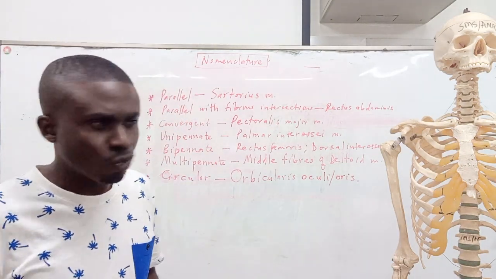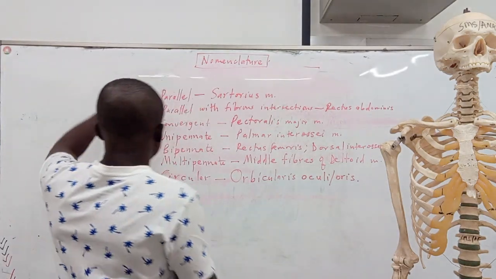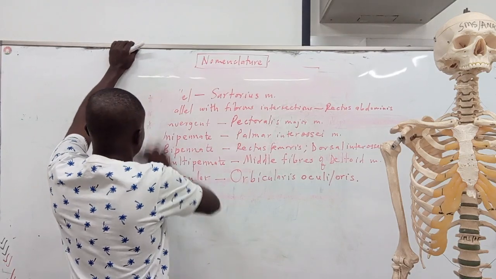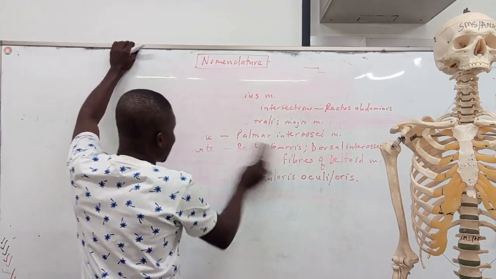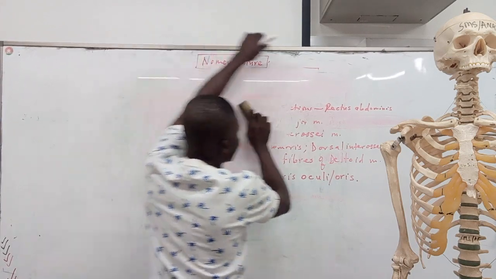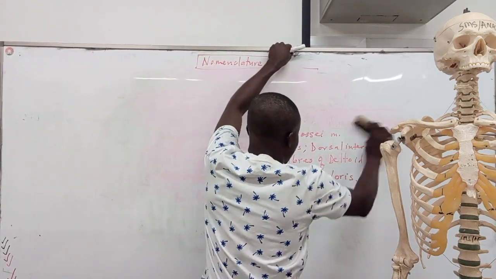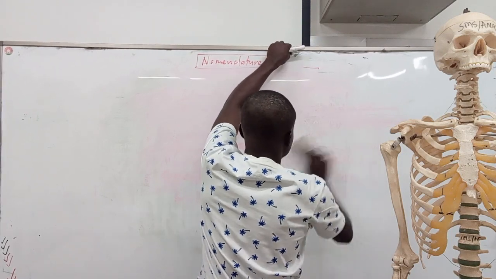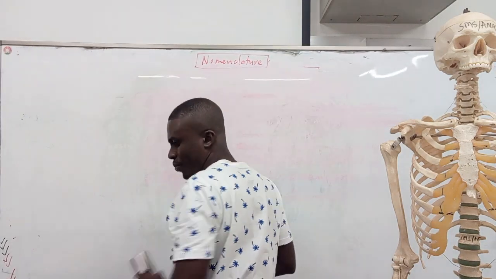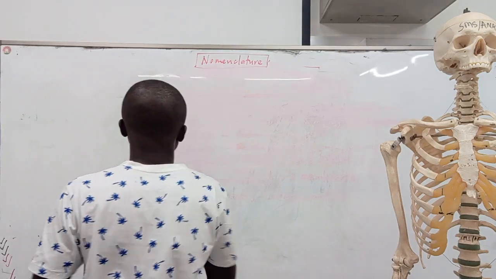So sometimes we may name some muscles based on size. And when I'm talking about size, I've told you that the longest muscle that we have is what we call sartorius.